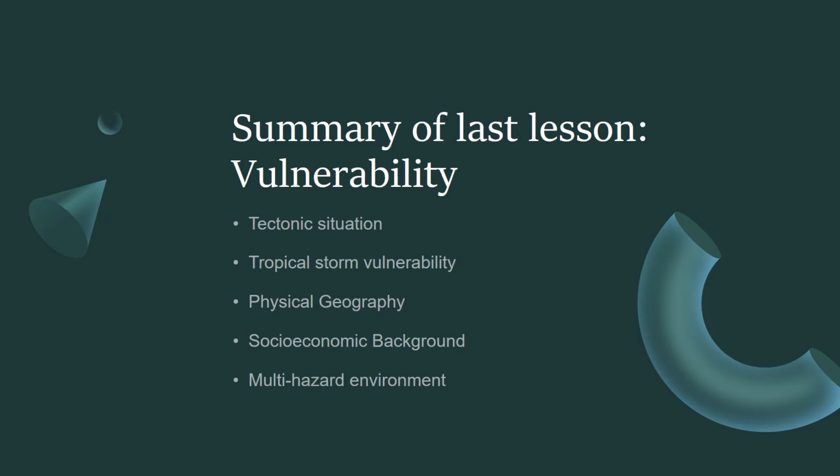I then spoke briefly about the physical geography of the Philippines. The fact that it's an archipelago, a collection of many islands, makes it much harder to respond to disasters, because transport and logistics are more difficult. Also, because there are lots of islands, many people live by the coast, so there'll be more threat from storm surges, flooding, tsunami waves and so on.